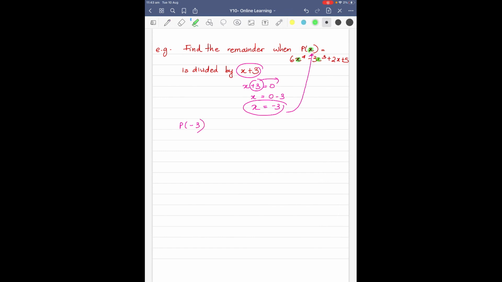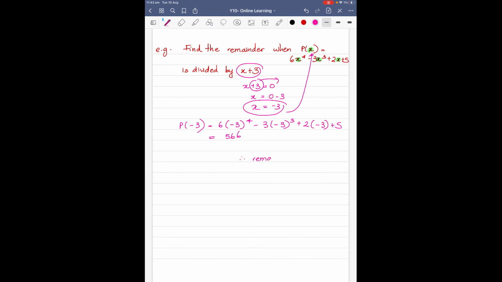Every time you see an x, you're going to change it into minus 3. So 6 times minus 3 to the power of 4 minus 3 times minus 3 to the power of 3 plus 2 times minus 3 plus 5. Chuck it all into your calculator. You should end up with 566.